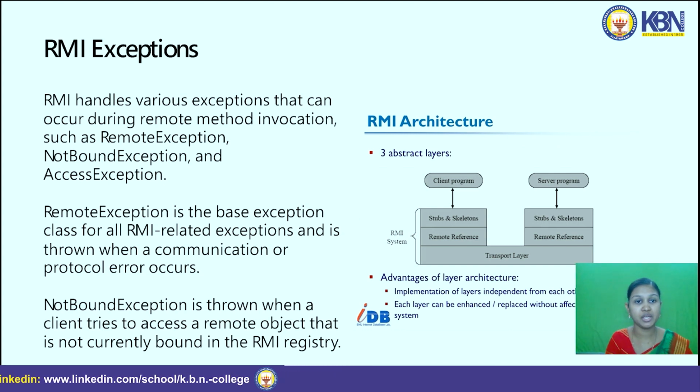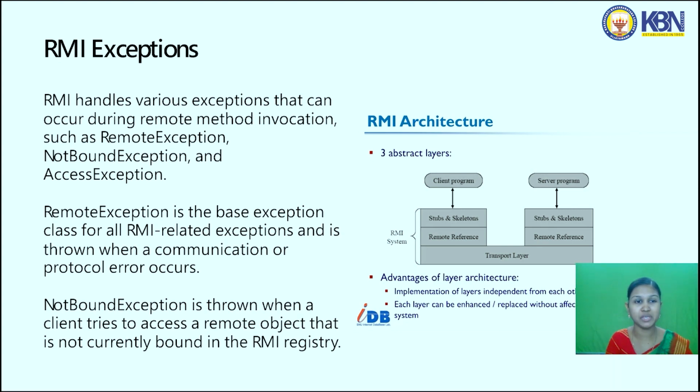RMI has three types of exceptions: RemoteException, NotBoundException, and AccessException. An exception means an error, and errors are solved by exception handling, though these are not compile-time errors or runtime errors.